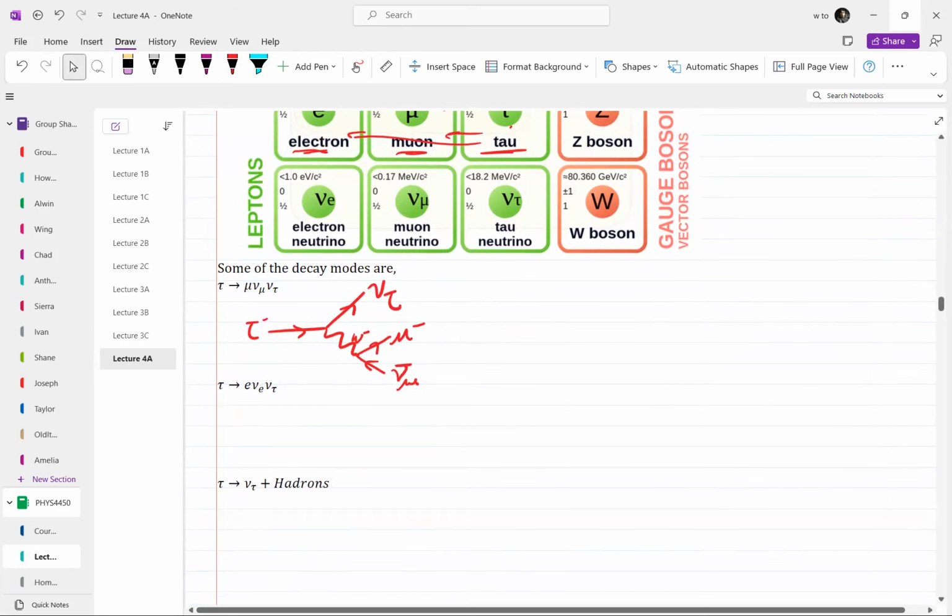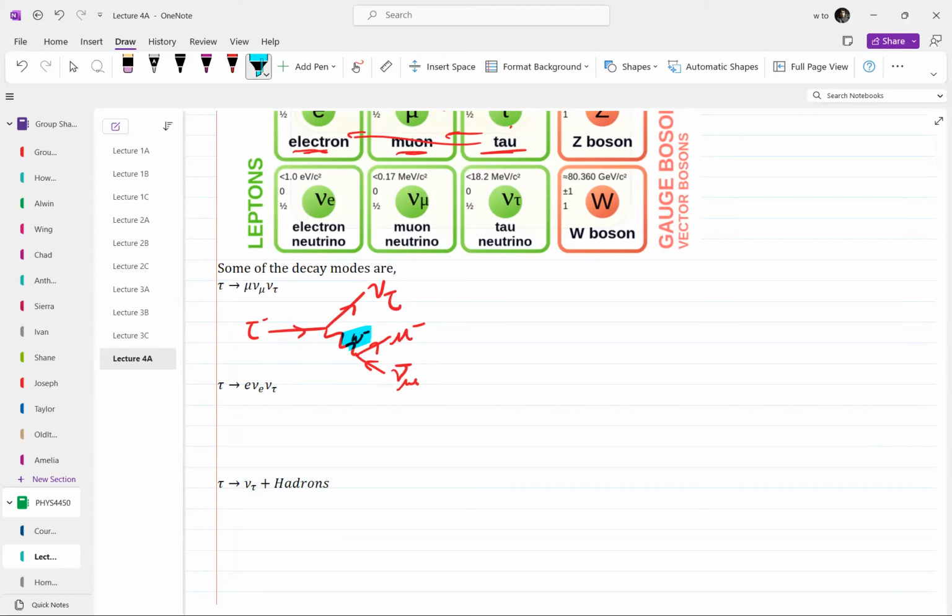There are other ways for the tau to decay, right? Okay, because I'm going to highlight this W thing. Once you made a W, the W can decay into a lot of different things because it couples to a lot of different things, okay? One of them, of course, is the muon and the muon neutrino, but it can also decay into an electron.